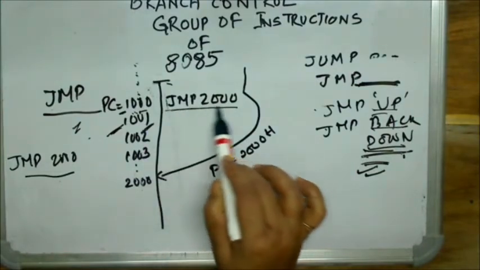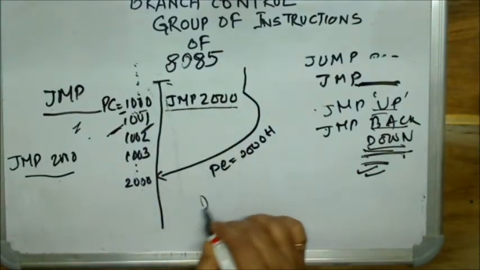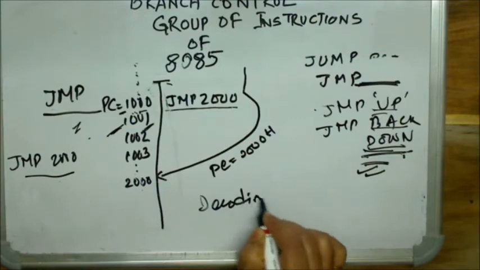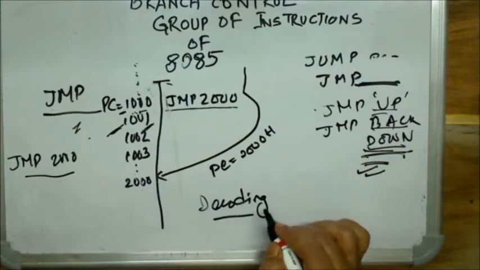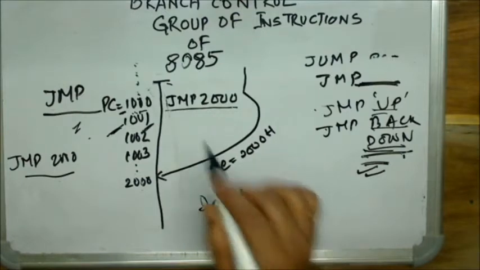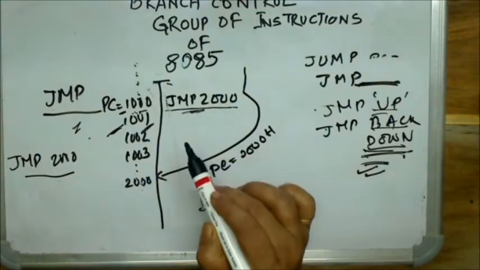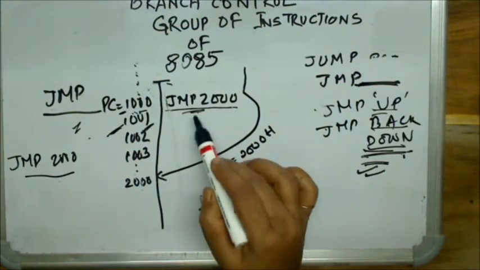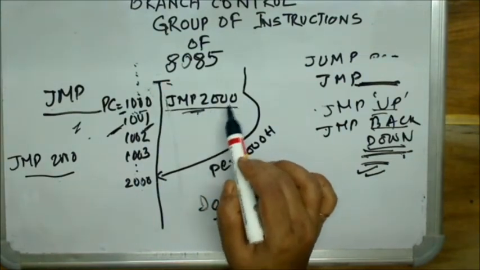But after fetching, what comes next? After fetching comes decoding. After decoding, what comes? Execution. When jump 2000H is executed, the microprocessor decodes the instruction and sees that you have written a jump.